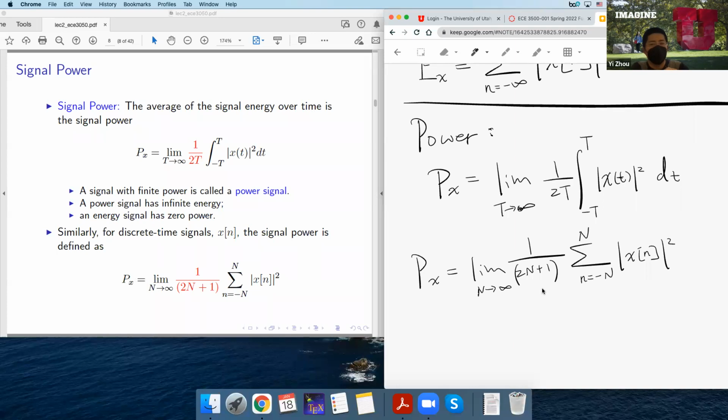But now we are looking at discrete points. So between capital N and negative capital N, we have 2N plus 1 points, including the original point, that's where we have the additional plus 1. So the total length is 2N plus 1. So we will divide this by 2N plus 1. And then we push capital N to the limit.